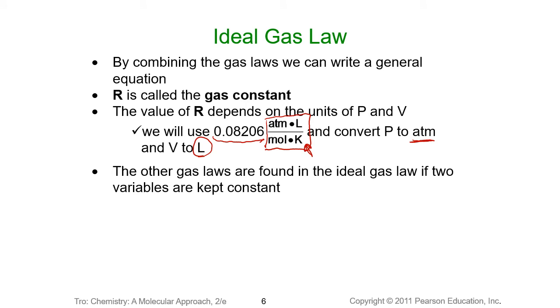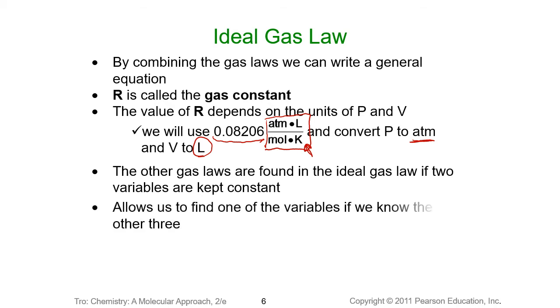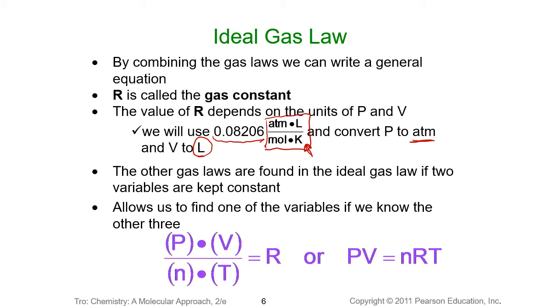If we hold other variables constant, we can find all the other gas laws that we've already talked about. And it also allows us to find one variable if we know the other three. Now P stands for pressure, and again, that's going to be units of atmospheres. V is volume in units of liters. n is the number of moles.